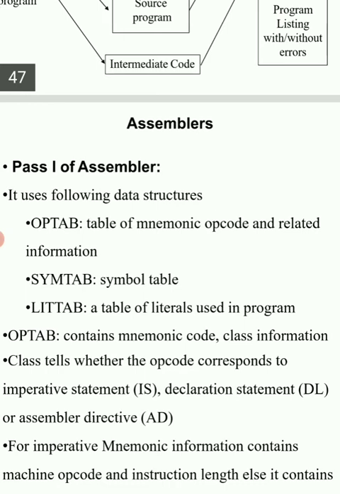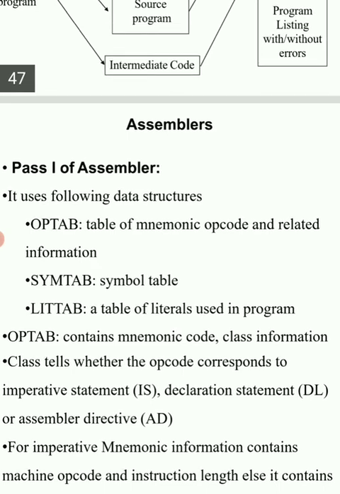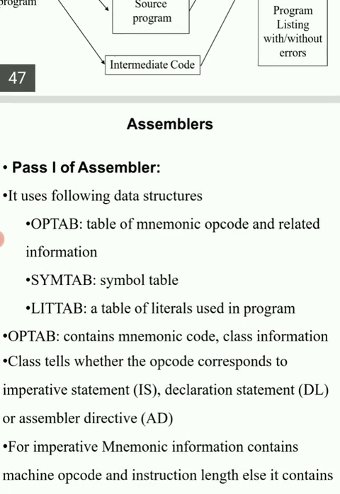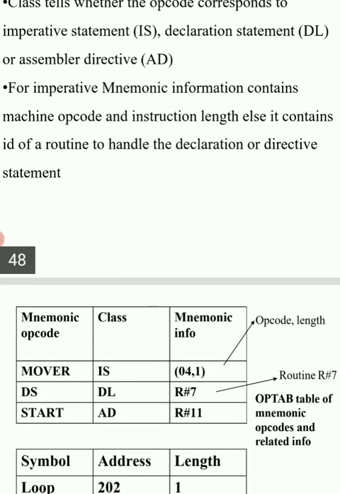OPTAB contains the mnemonic code and class information, which tells us whether the opcode corresponds to an imperative statement, a declaration statement or an assembler directive. For an imperative mnemonic, the information contains the machine opcode and instruction length, and it contains the ID of a routine to handle the declaration or directive statement.